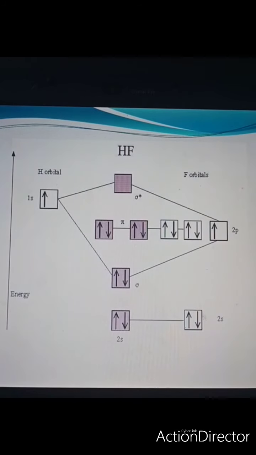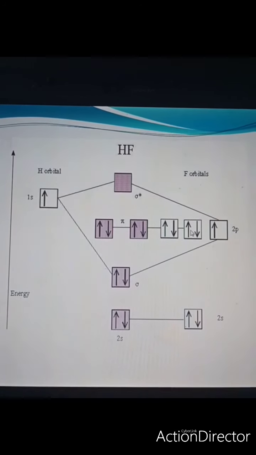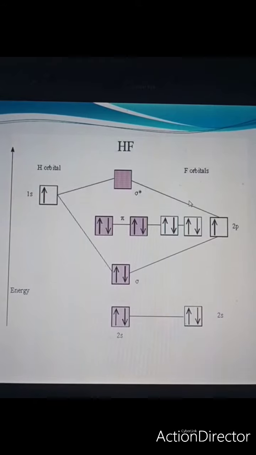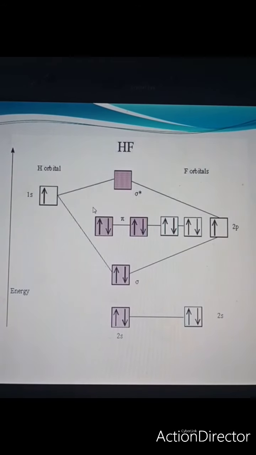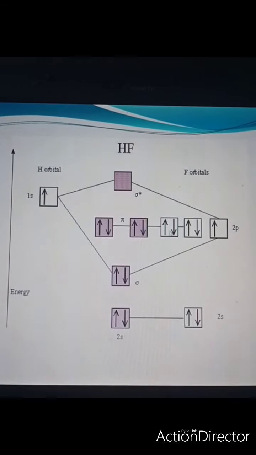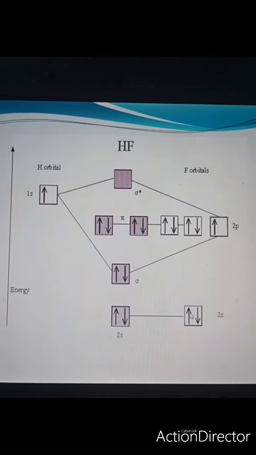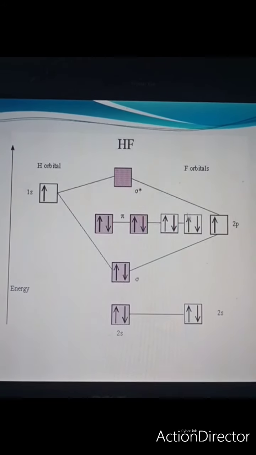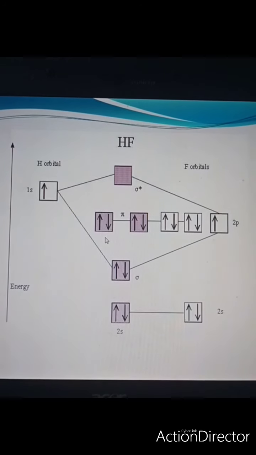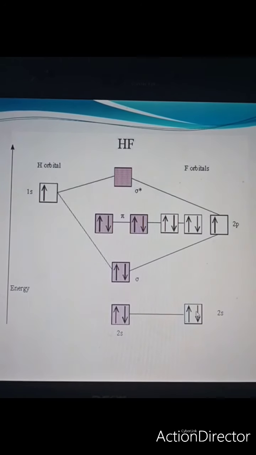So 2s2 and 2p, 2, 2, 4, 5. Now when overlapping occurs, these electrons which are paired will not take part in the bond formation. So these electrons I have shown here in colored form. Similarly this electron I have shown here, they are non-bonded electrons.